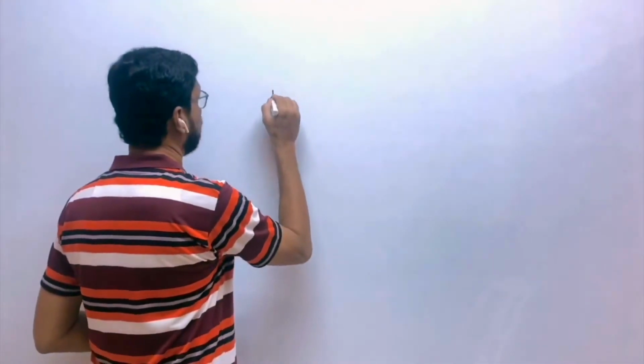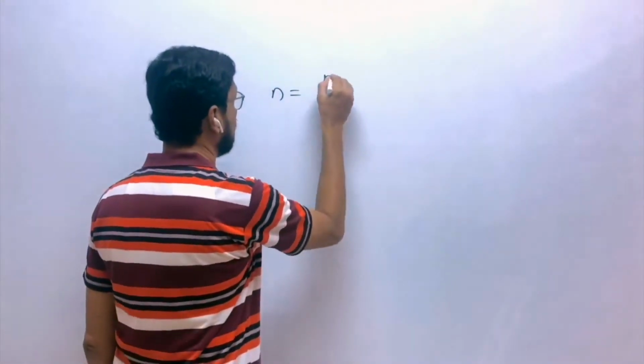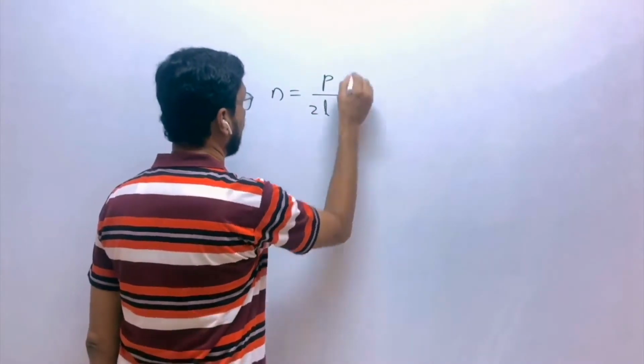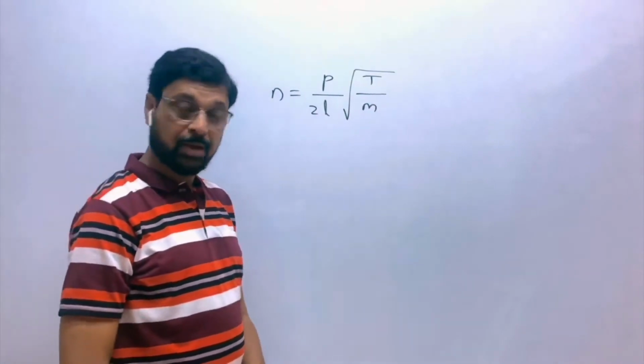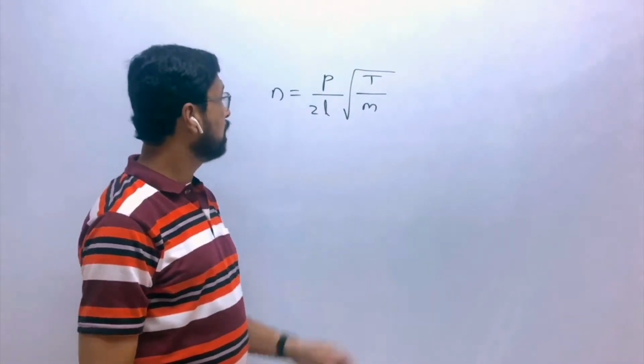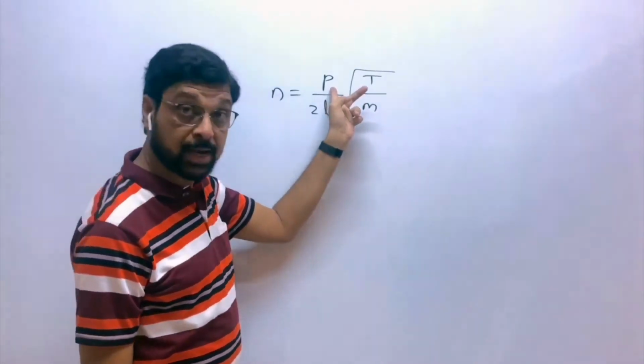In the last lecture, we talked about different modes of vibration of a string, and we came to the formula that the frequency of vibration of a string is p upon 2L under root T by m, where p is the number of loops or harmonic number.